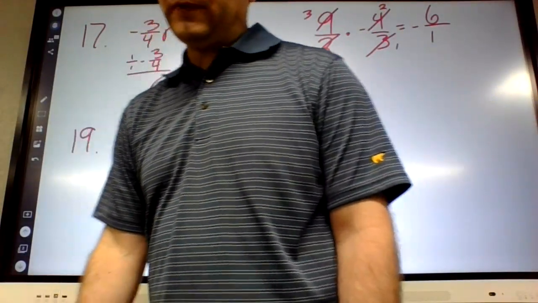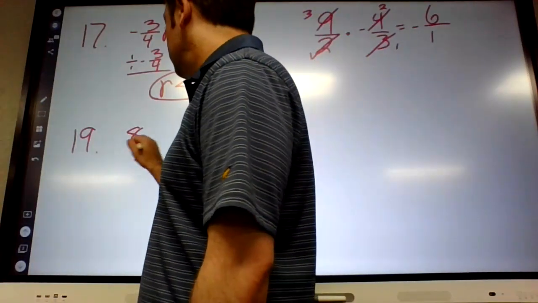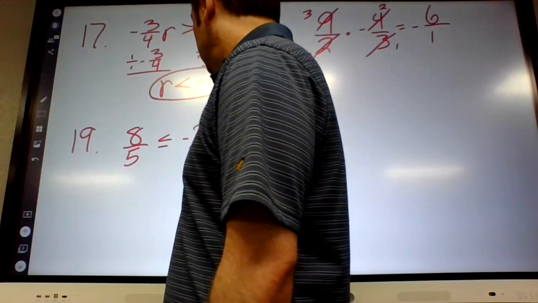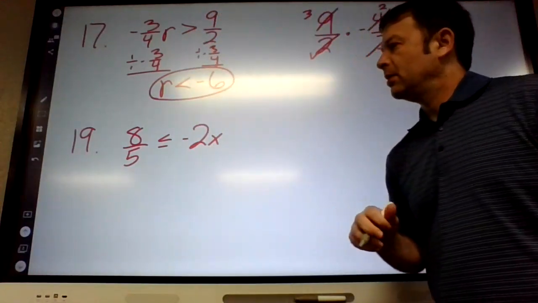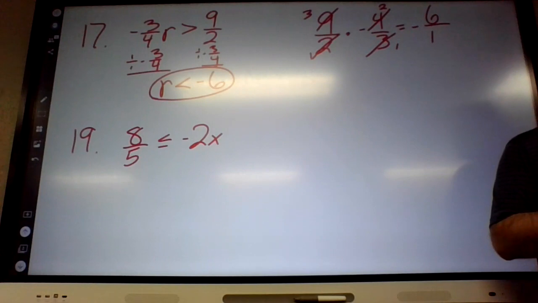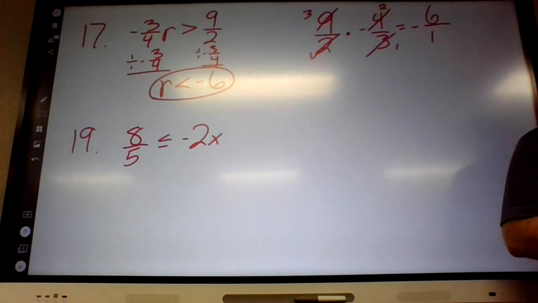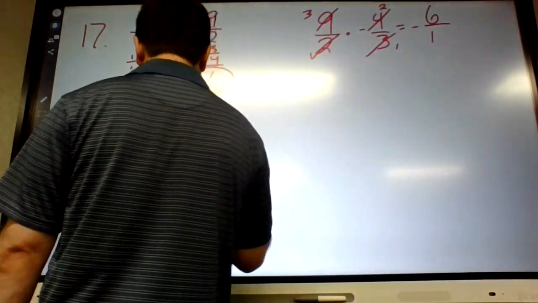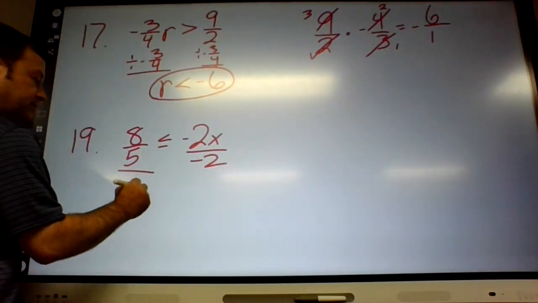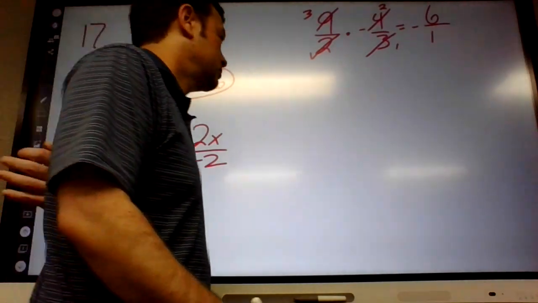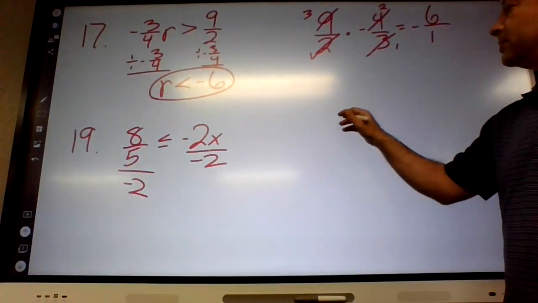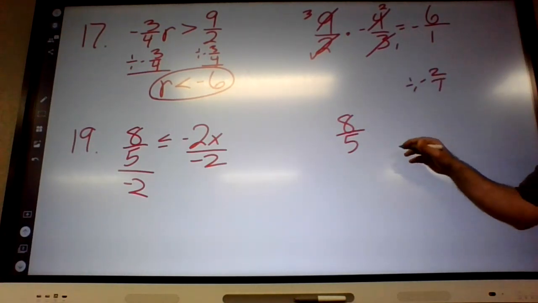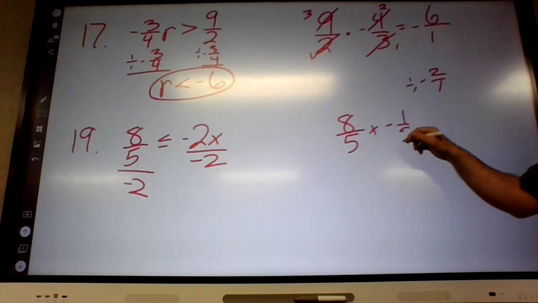19. 8/5. Alright, Jackson, what should we do on 19? Divide by -2. What's going to happen when we divide by -2? Well, dividing by -2 is like multiplying by -1/2.